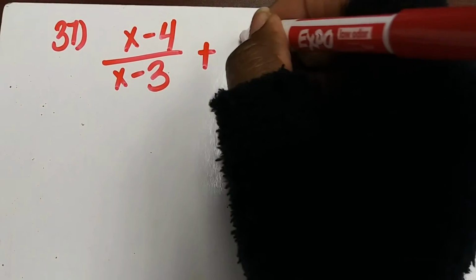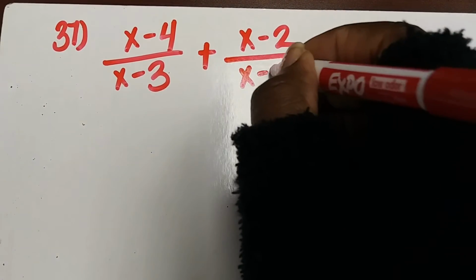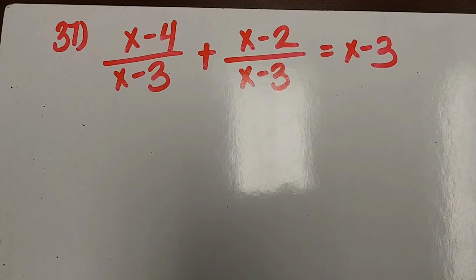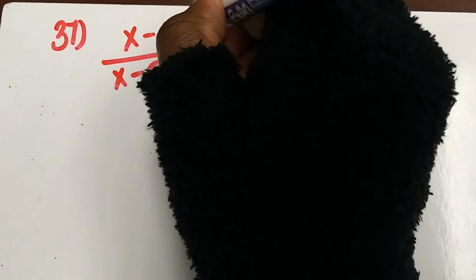I have x minus 4 over x minus 3 plus x minus 2 over x minus 3 equal x minus 3. Look at this one. What is my LCD? The only denominators I see is x minus 3. My LCD is x minus 3.